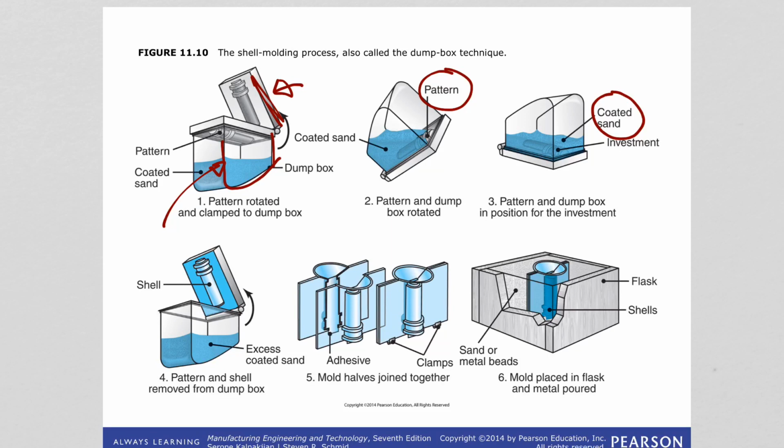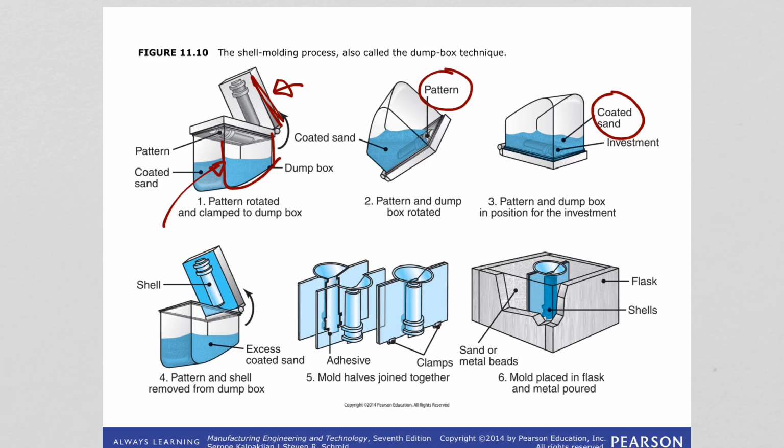Again, the mold halves join together with clamps. After this, the mold is placed in an oven to complete the curing of the resin. Remember, it is thermosetting resin, and then we need curing.